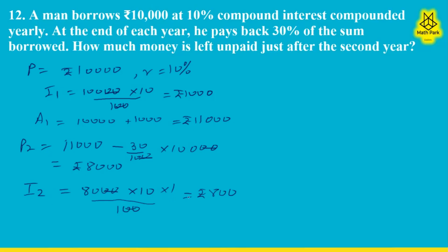If you got this as rupees 800, the amount is going to be 8,000 plus 800, which is 8,800. Okay, then 8,800, out of that he repays 30% again. So you have how much money is left unpaid after the second year. So out of this, the money left to be paid is equal to 8,800 minus 30% of.